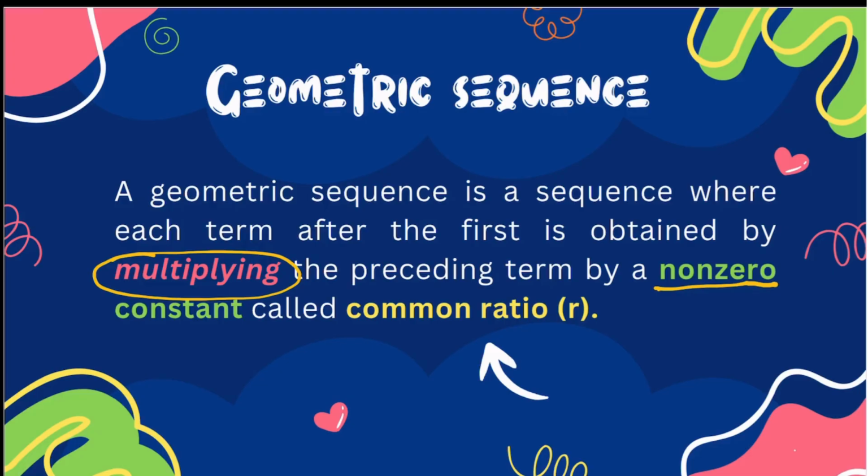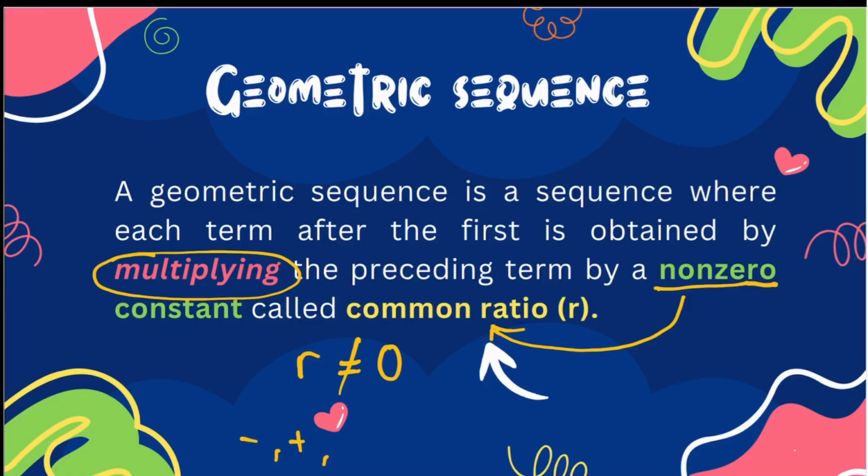So, pag sinabi natin non-zero, ang tinutukoy niya dito is the common ratio. That means the common ratio must not be equal to zero. It can be any number except zero. So, pwedeng ang common ratio natin is negative, pwede rin siyang positive.